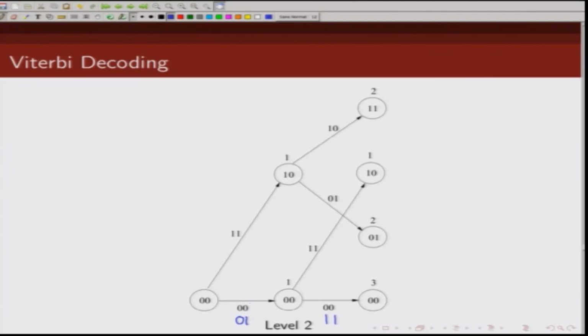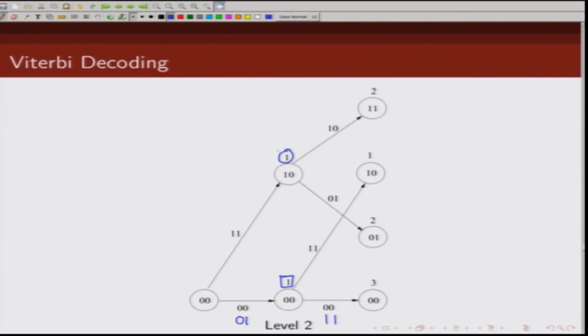What should have been the code word? 0 0. We have received 0 1. So, what is the path metric corresponding to this? That is 1. Now, look at here, code sequence is 1 1, this is 0 1. So, path metric is differing in Hamming distance 1. So, that is my path metric here.